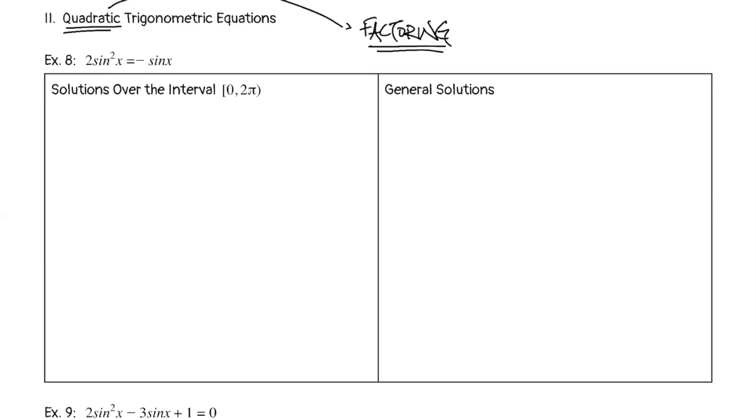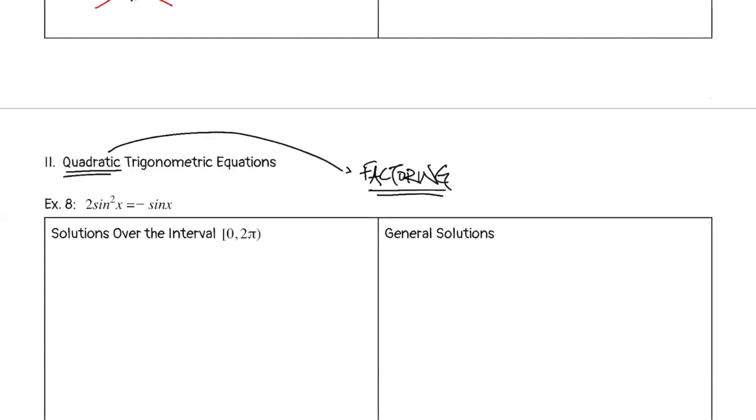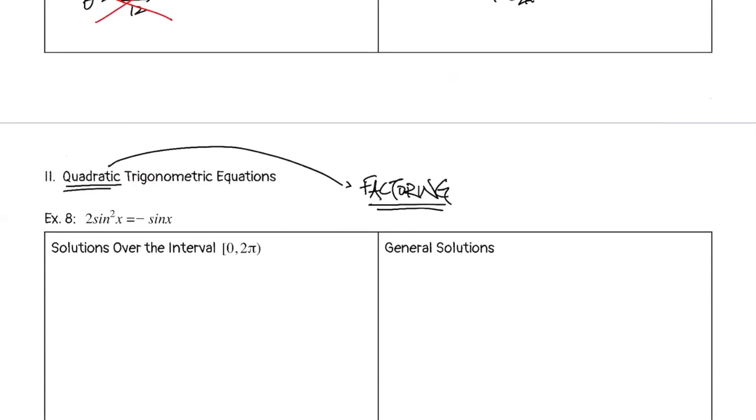I do want you to factor it, but before you even factor, there's something you have to do. Like, what if I gave you this? What would you do? Better not take the square root. Set it equal to 0.